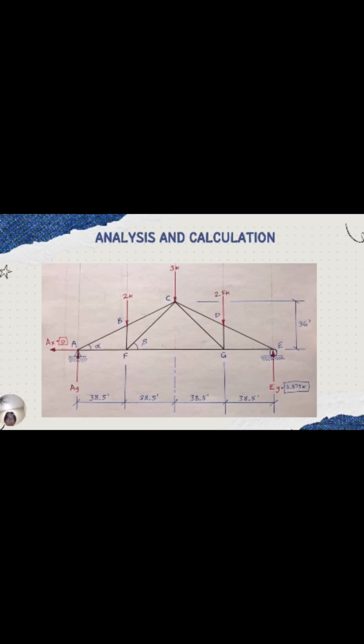But I do have to find A sub y and E sub y. Now I pay attention to the geometry here. Notice that I have an angle alpha and an angle beta. So these are the external reactions that I calculate.